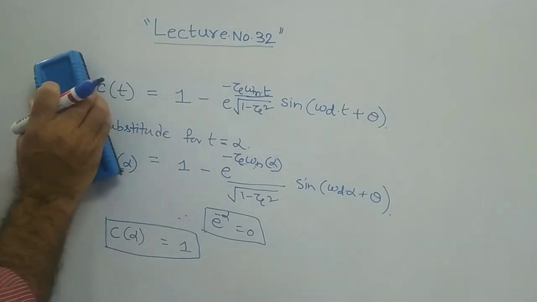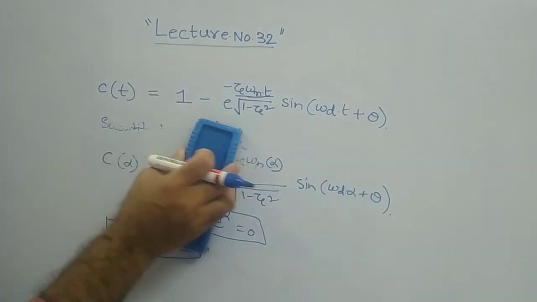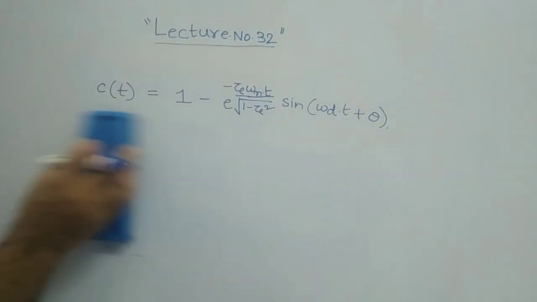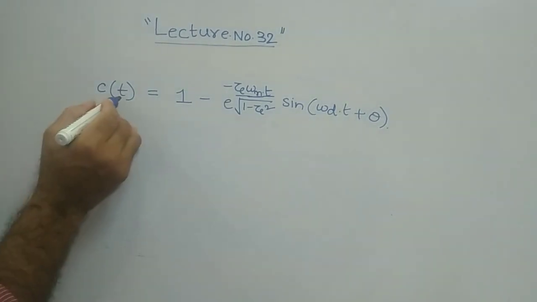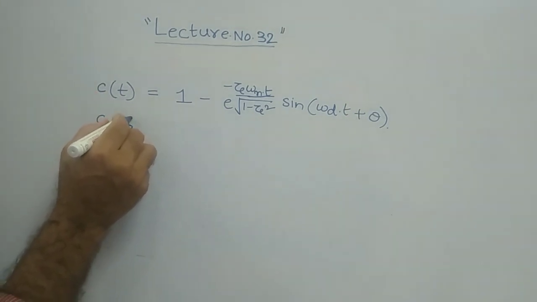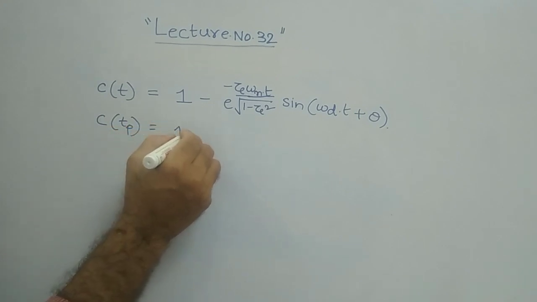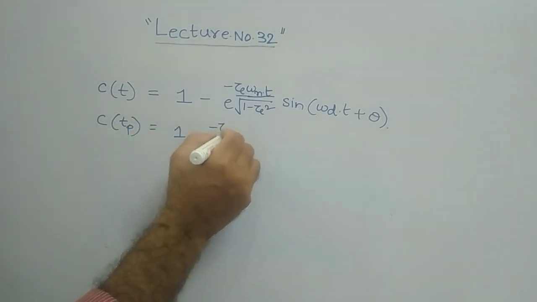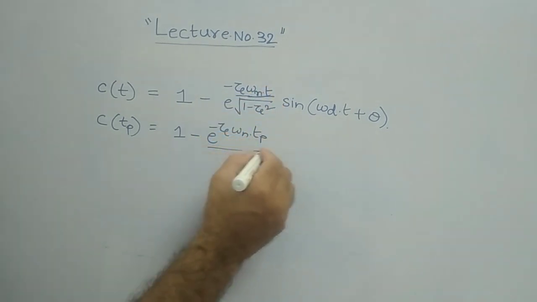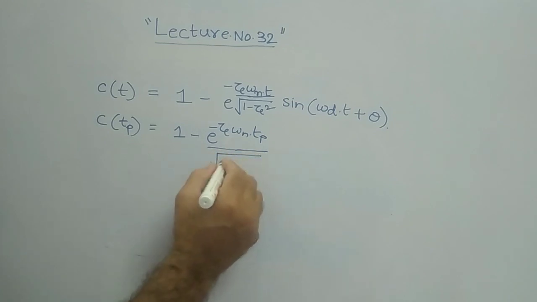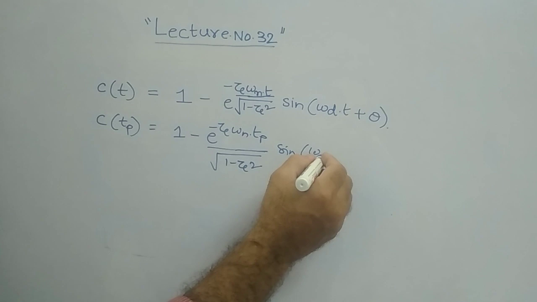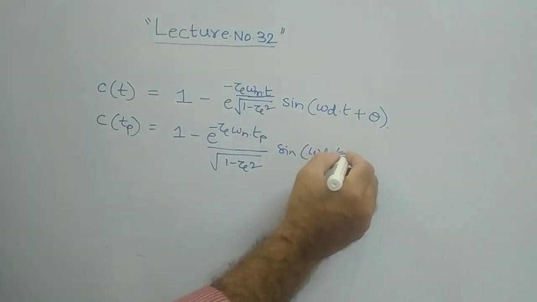Now substitute t equal to Tp. C of Tp is equal to 1 minus e power minus zeta omega n Tp, divided by square root of 1 minus zeta square, into sine of omega d Tp plus theta.